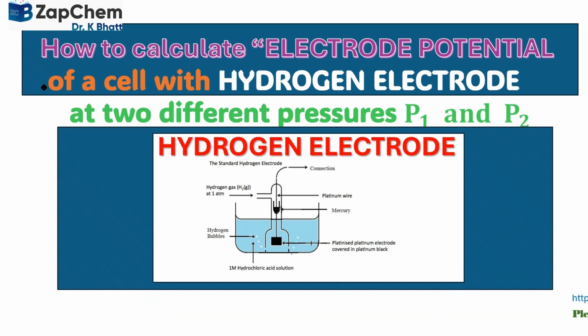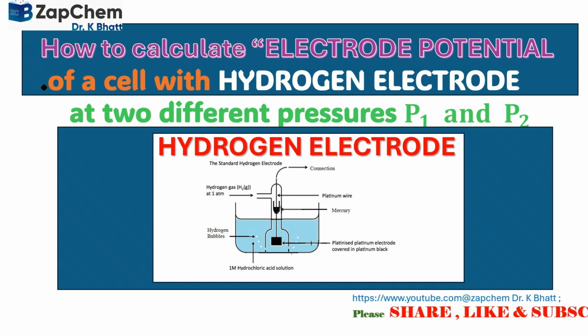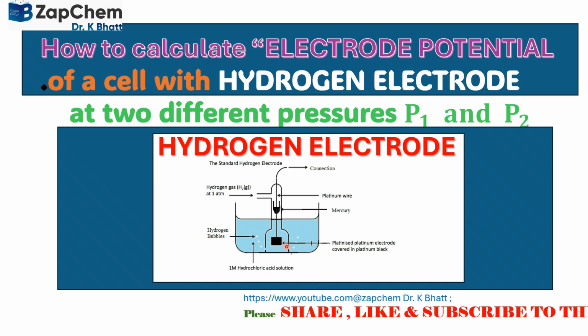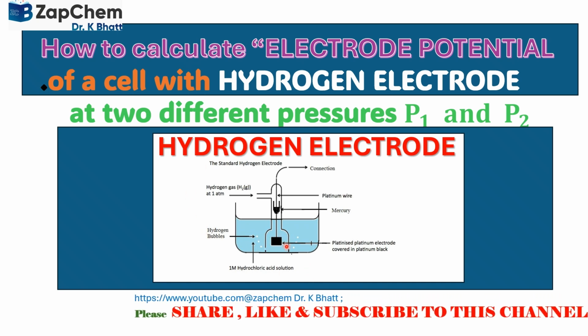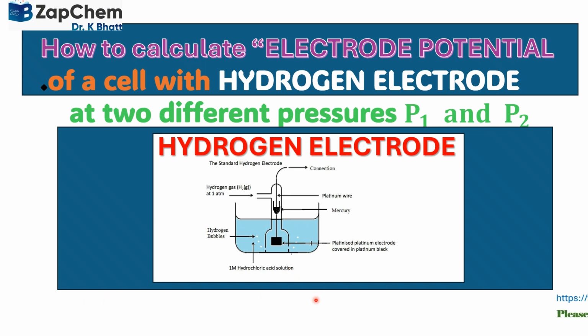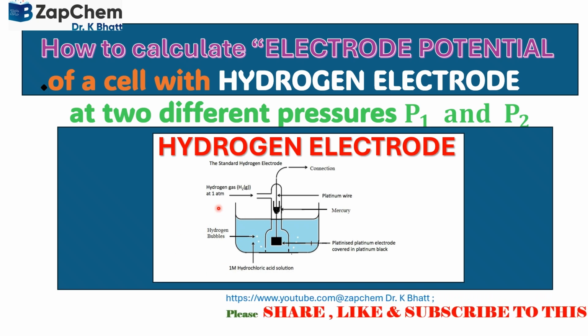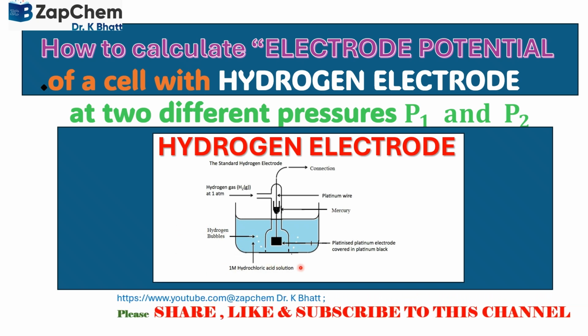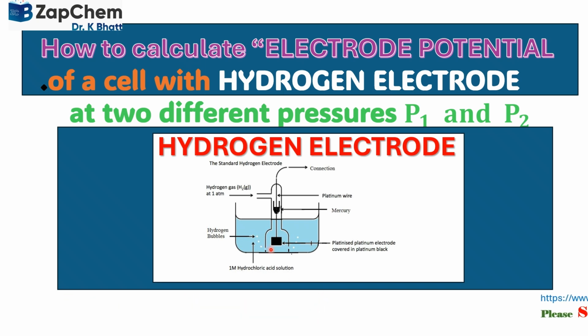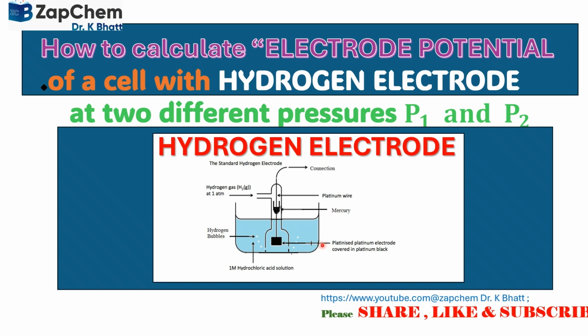The standard hydrogen electrode consists of a platinum electrode coated with platinum black. The electrode is dipped in an acidic solution as we find here, and pure hydrogen gas is bubbled through it. The concentration of both the reduced and the oxidized form of hydrogen is maintained at unity.